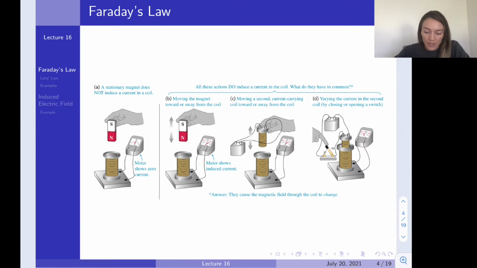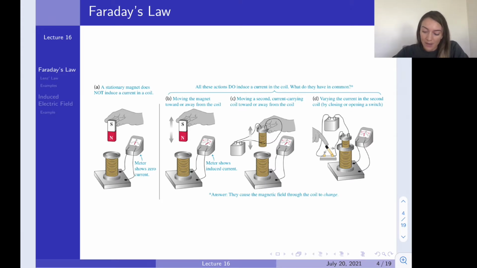Now, what if I took another smaller solenoid with a current running through it? This little solenoid has a current running through it, and right now this one does not. If I take this smaller solenoid and insert it into this larger solenoid, that will induce a current in the larger solenoid.